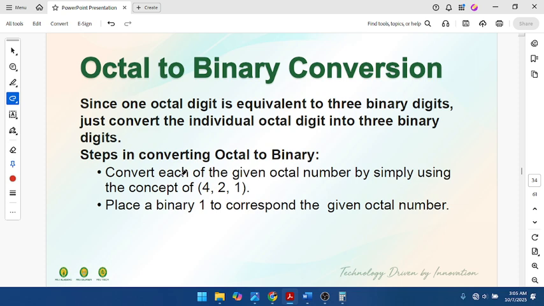Octal to binary: since each octal digit is equivalent to 3 binary digits, we just convert the individual octal digits into 3 binary digits. Here are the steps. Convert each of the given octal digits using the concept of 4-2-1, placing a binary 1 corresponding to the given octal number.